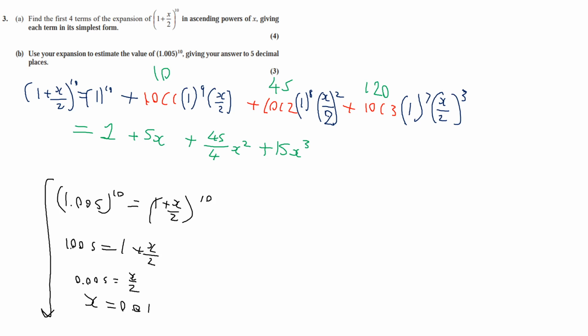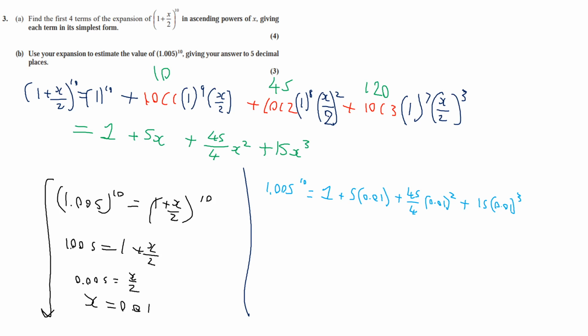Now, we can say that, on the next slide, I'll do this in a different color actually. 1.005 to the 10 is equal to 1 plus 5 times 0.01 plus 45 over 4 times 0.01 squared plus 15 times 0.01 cubed.